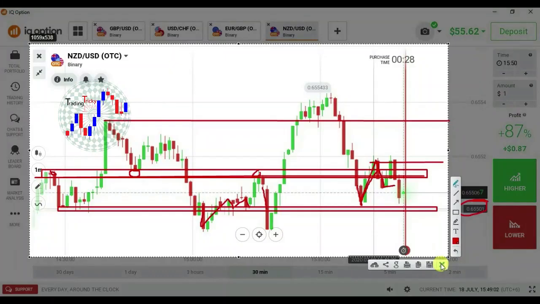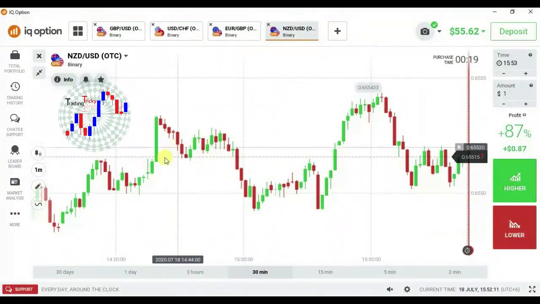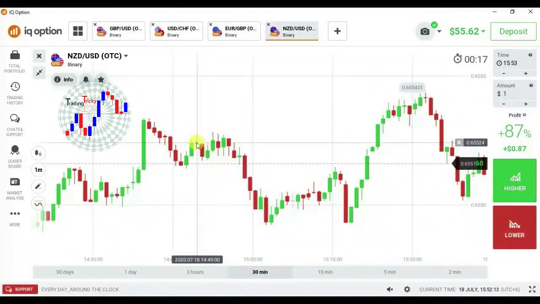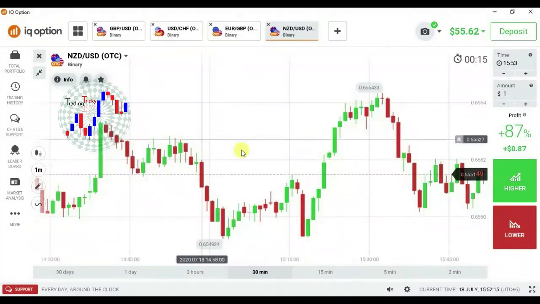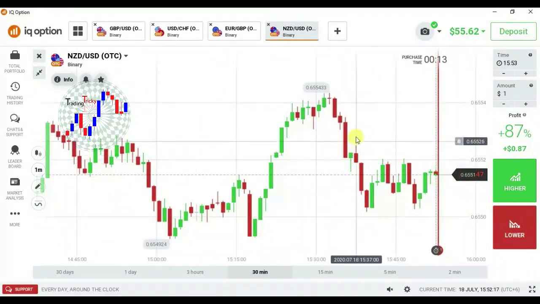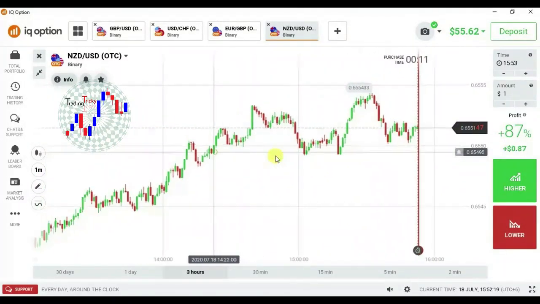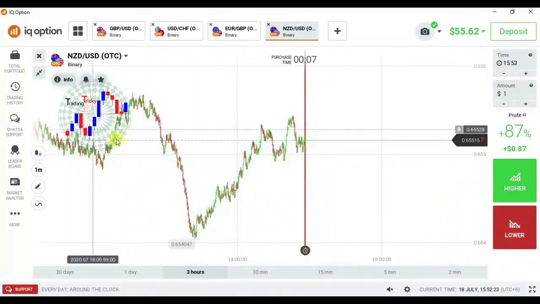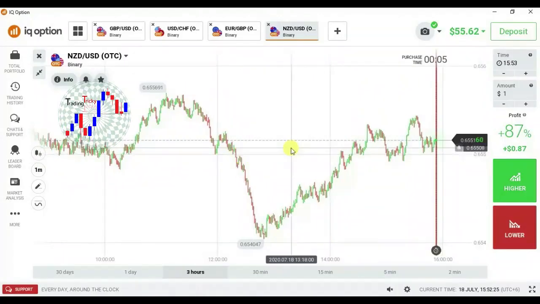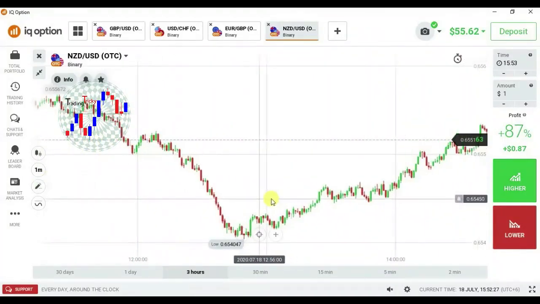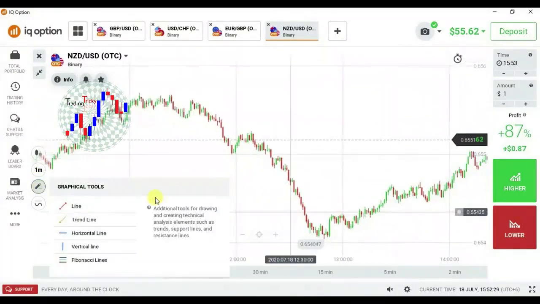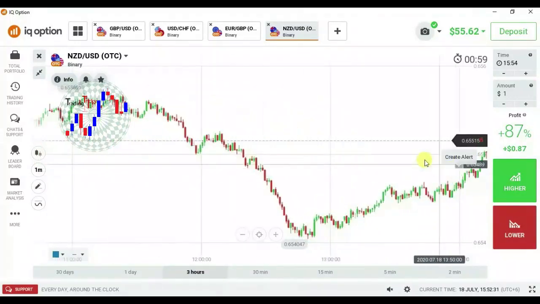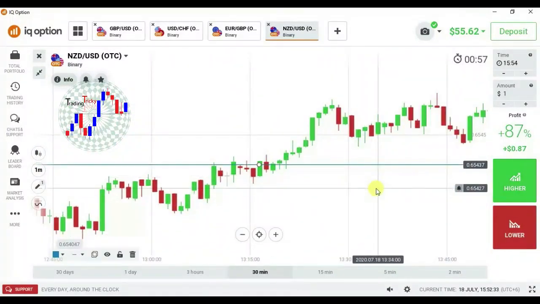So this is all about support and resistance. Basic support and resistance is mainly where you find any price action. This can be a support or resistance. It can be in the recent market, or it can be on the left side too.